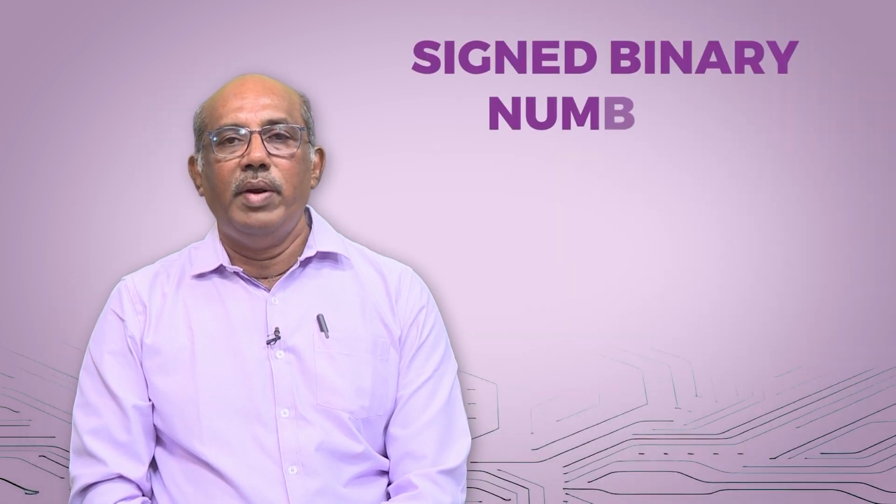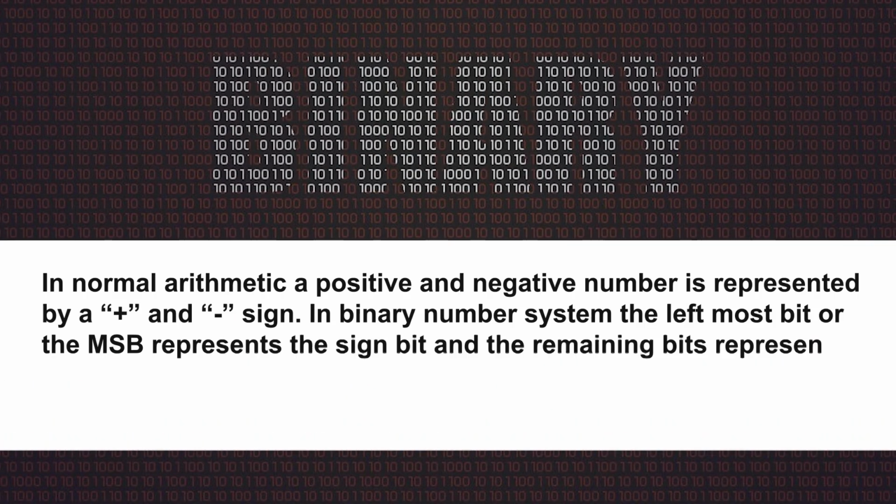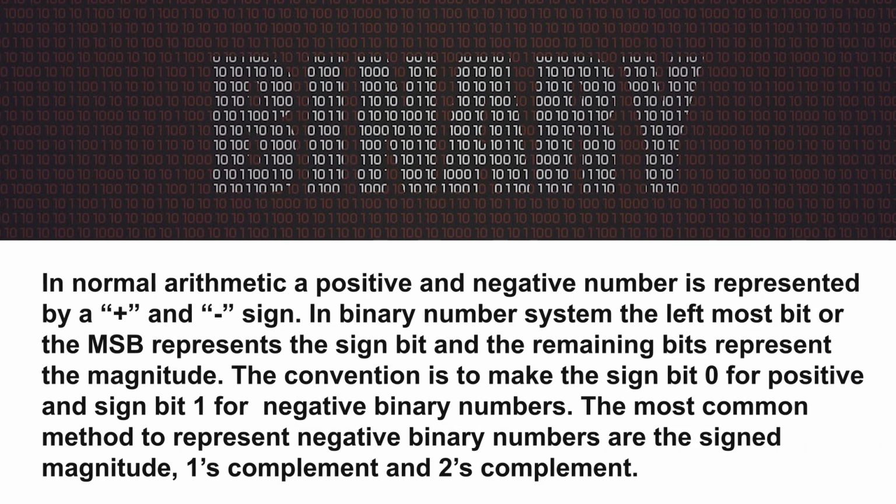Now, we will move on to the next topic, that is signed binary numbers. In normal arithmetic, a positive and negative number is represented by a plus and a minus sign. Normally, if we write it with pen and pencil on paper, to represent a positive number we put a plus sign, and to represent a negative number we put a minus sign.